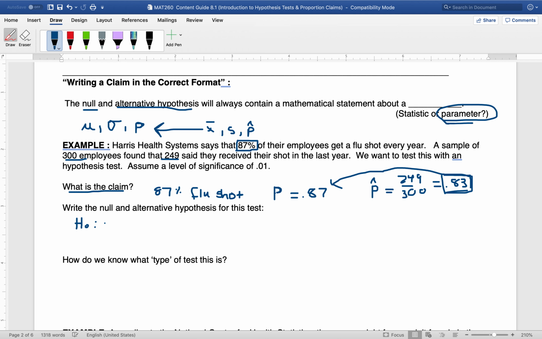So it's going to include our p, and it's always going to have an equal sign. So the null is p equals what our claim was, 0.87. So this is our claim, and our alternative is going to be not equals.